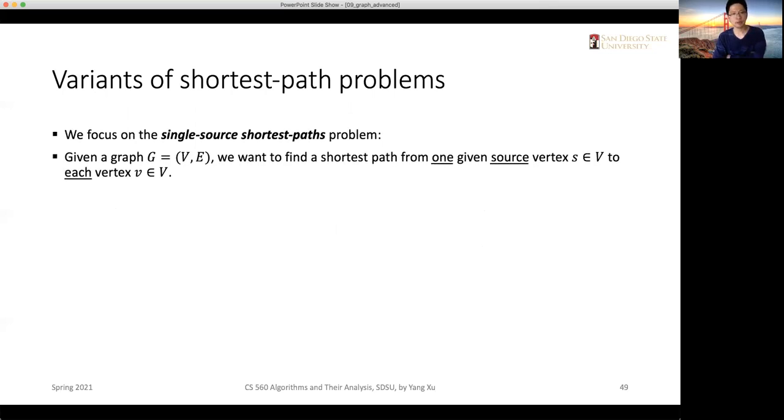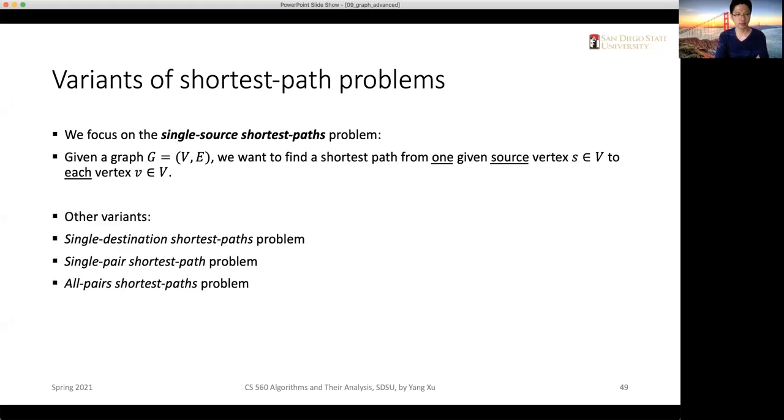We will only focus on the single source shortest path problem, which means there's just one source vertex. That is, given a graph, we want to find the shortest path from one given source to each vertex. We need to compute the distance, the shortest path, for each vertex in the graph other than the source.